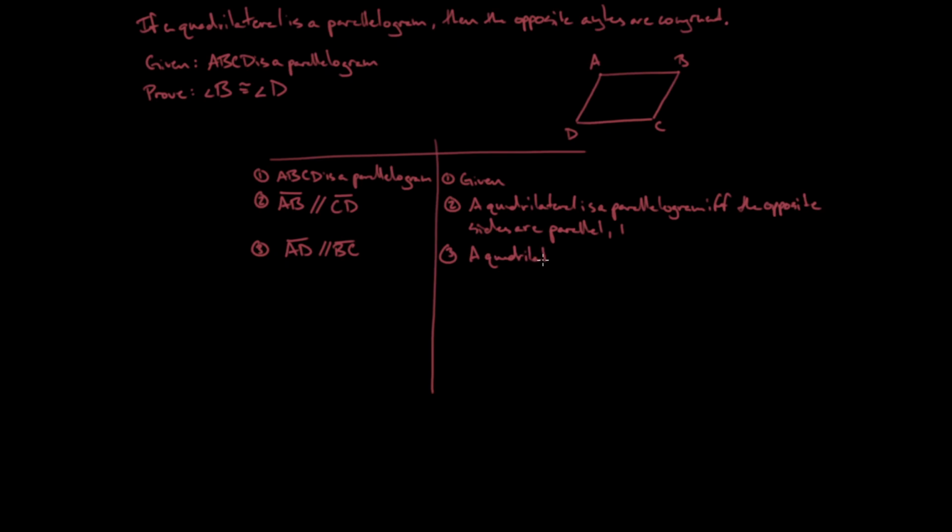The question is then, where am I going to go next? If I'm not going to use triangles in this proof, I'm going to go back to something even older than the triangles we've talked about, and that is parallel lines. I'm going to use my parallel lines to talk about some angles that have relationships.